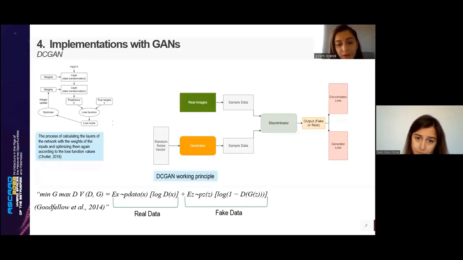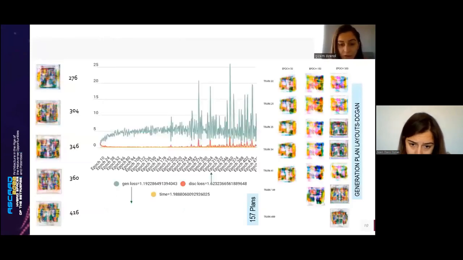Another important thing is the random noise vector, and according to it, the outputs could change. Also, Goodfellow's formulation was important to understand: if the discriminator loss function is high and the generator loss function is low, and when we catch the peak point, it means we could get much more realistic values.